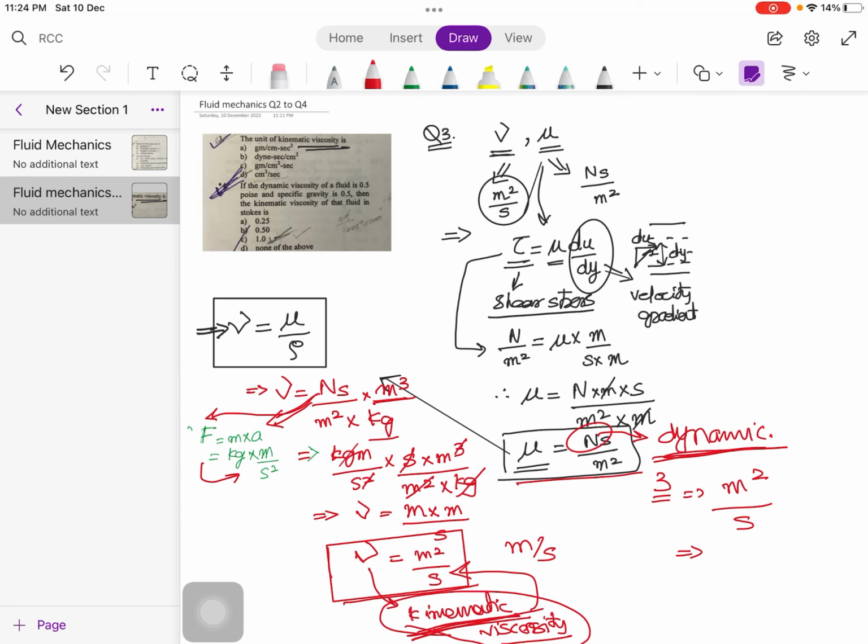Meter is 100 times a centimeter. Therefore, we are going to get 10 to the power 4 centimeter square per second.